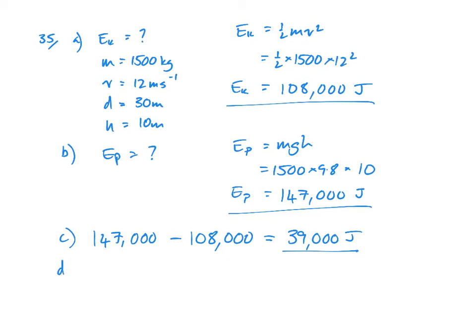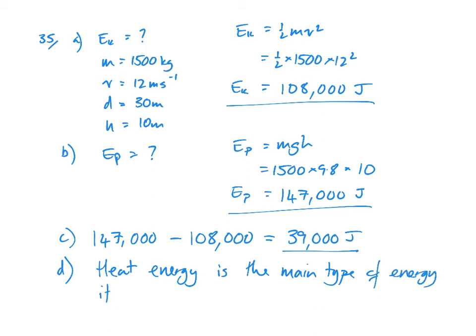What would be the main type of energy? Well, it mentions friction in part E, and you should know that the main type of energy produced is heat energy. That's the main type of energy there.